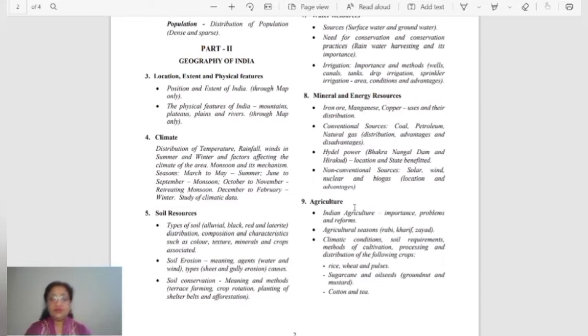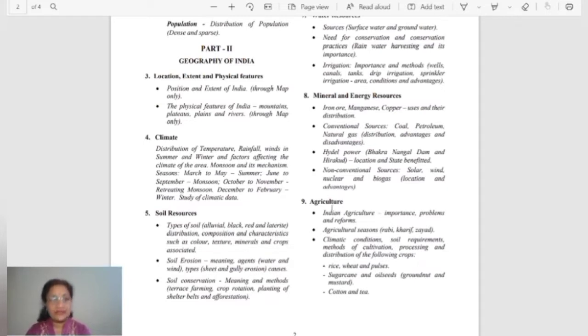But yes, in the first part of the agriculture unit, just the first half of the entire chapter is there in the syllabus, that is Indian agriculture, its importance, its problems and reforms.